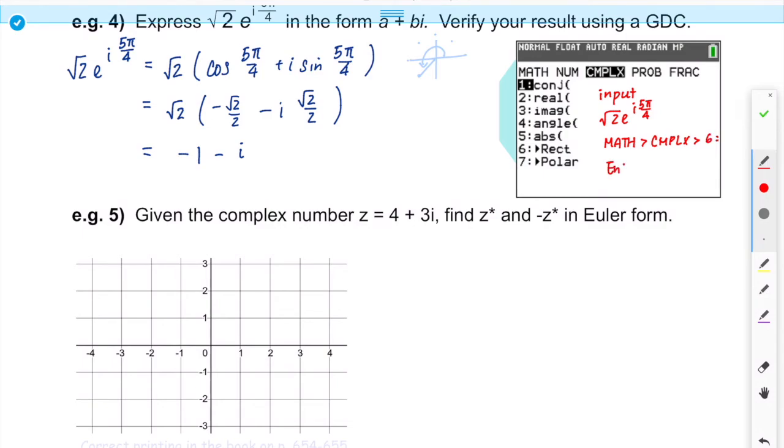Go to math, scroll over, turn this into rectangular form, and then you get negative 1 minus i as a result. So I'm going to put the note here.